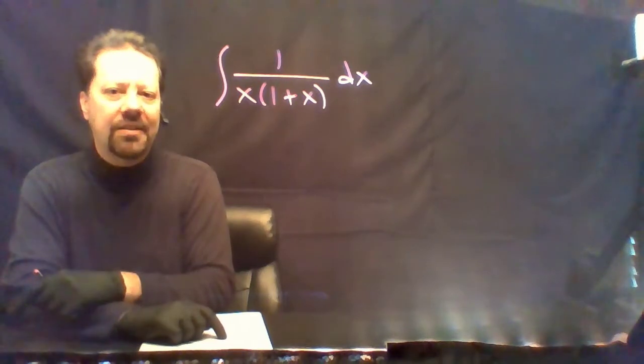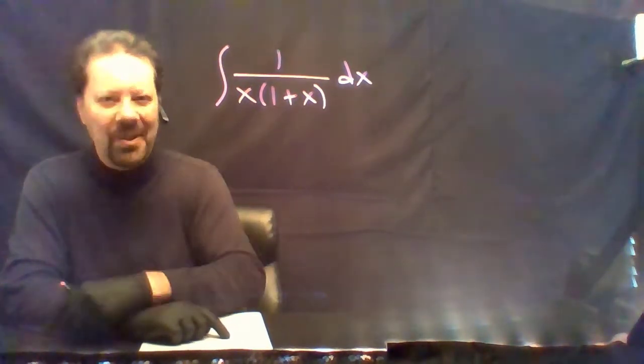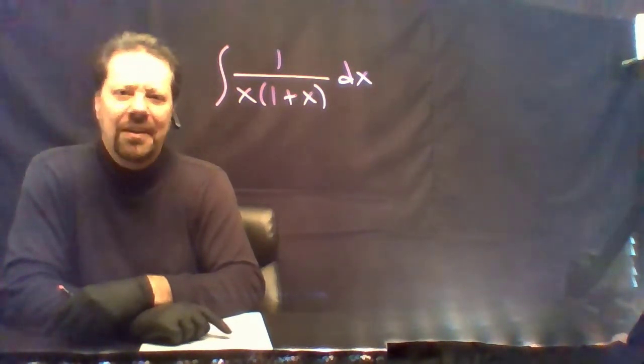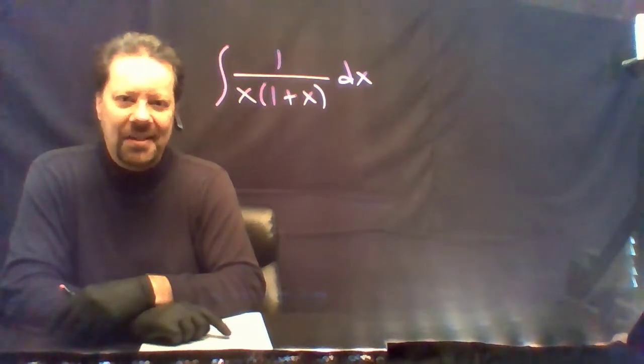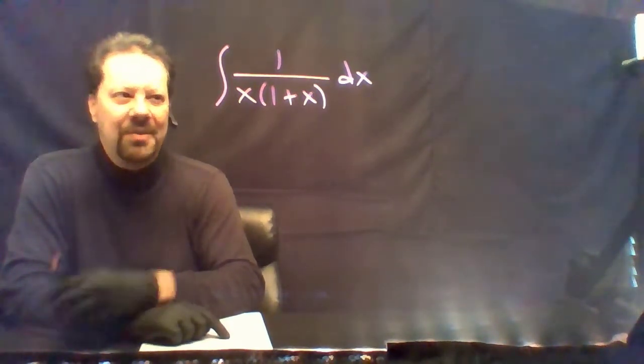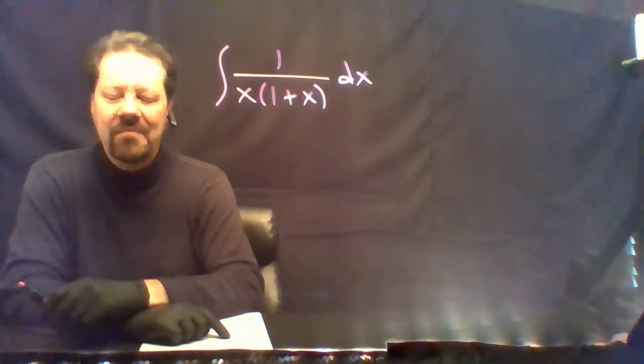Partial fractions applies when you have an integrand that is a rational function. What is a rational function? A rational function is a function that talks and makes sense, right? No, a rational function is a ratio of 2 polynomials. A polynomial divided by a polynomial, and that's exactly what we have here.